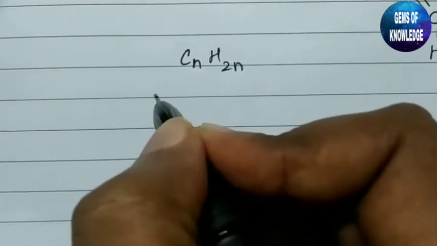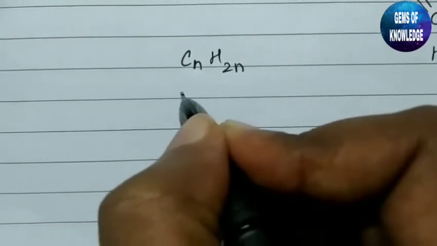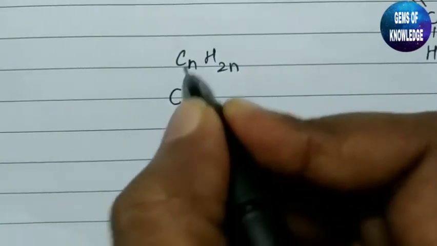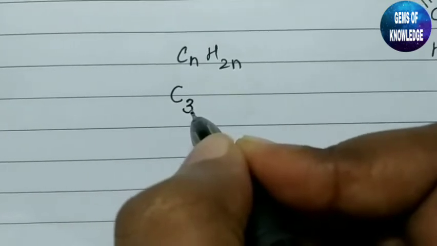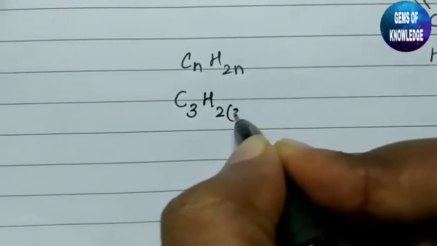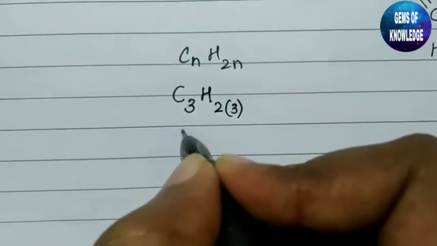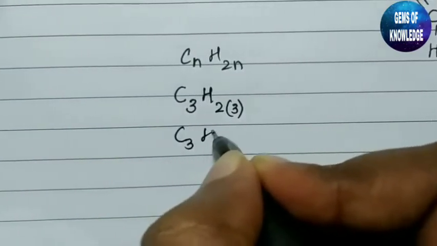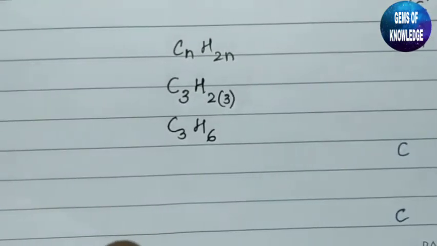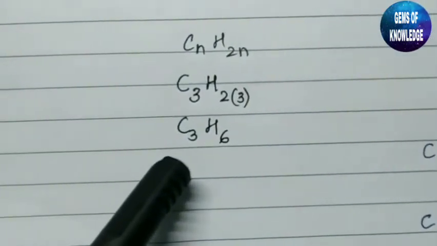They have told us about the propene. Propene means there will be 3 carbon atoms, so in place of n we have to substitute 3. We get C3H, 2 3s are 6. So we will get the answer as C3H6.